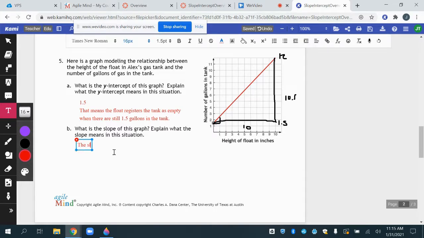The slope of the graph, remember, is change in y divided by change in x. That's always what happens. Well, that's 10.5 divided by 10, or 1.05. Sorry about that. Gallons per inch.